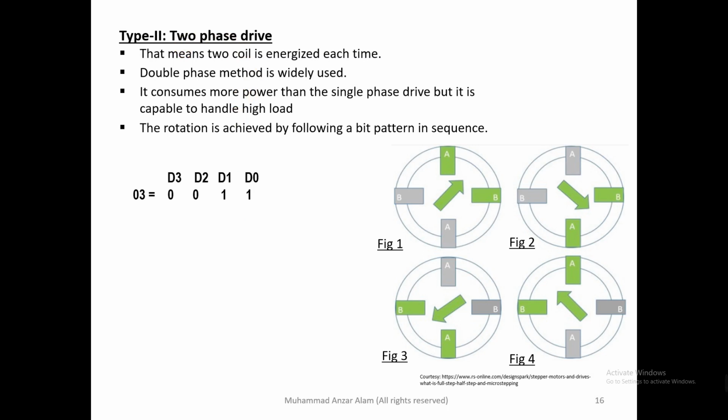Again, in this case, for example in figure 1, these two coils are energized, so we will energize D0 and D1. So the first pattern in decimal is 03. And next, because we have to energize B and A, again two coils are energized, and in this case it is achieved by the value 06. And next, this one and this one, so it is 0C.